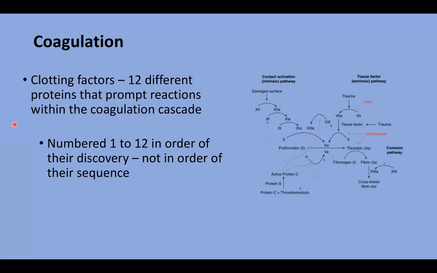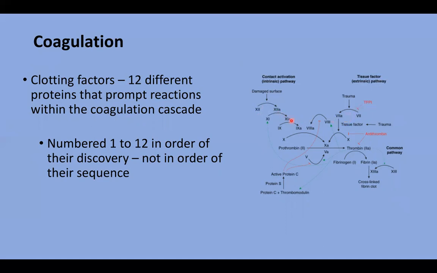So clotting factors, there are 12 different clotting proteins that react within this coagulation cascade. They're numbered from 1 to 12, but again, they're numbered in the order that they were discovered, not in the order of their sequence. So for instance, this pathway starts with 12, this pathway starts with 7.